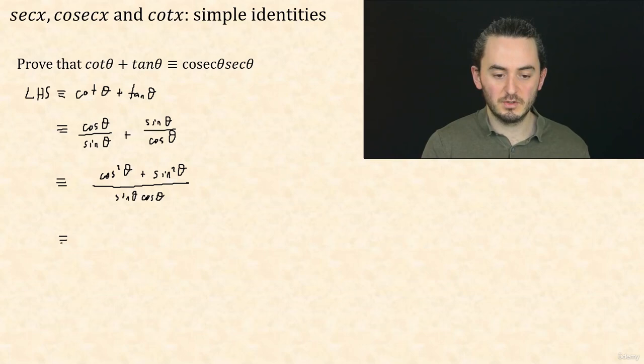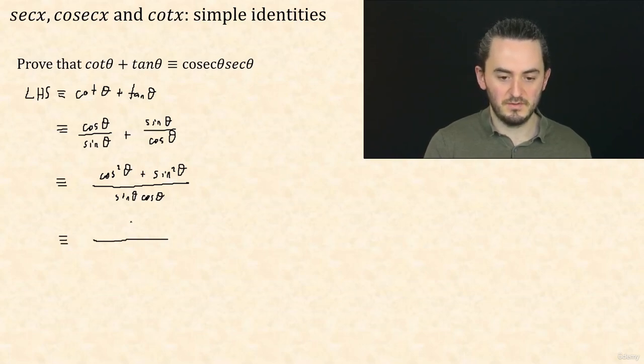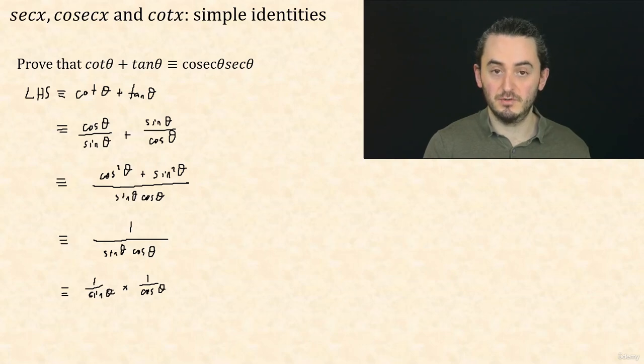Well, we know that cos squared theta plus sine squared theta is 1, so what I have is 1 over sine theta cos theta. Now all I need to do is split this up into 1 over sine theta multiplied by 1 over cos theta, and then remember my definition of cosec and sec, because 1 over sine theta is cosec theta, and that's being multiplied by 1 over cos theta, which is sec theta.